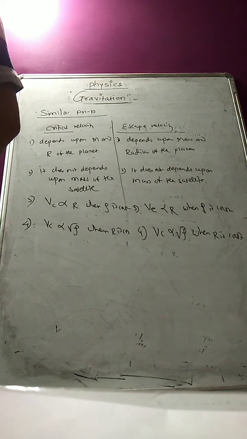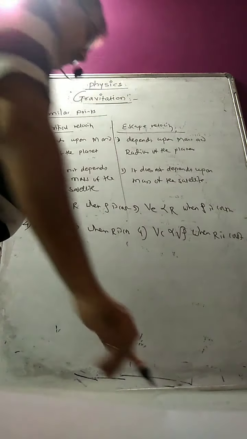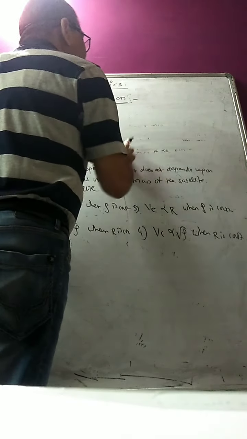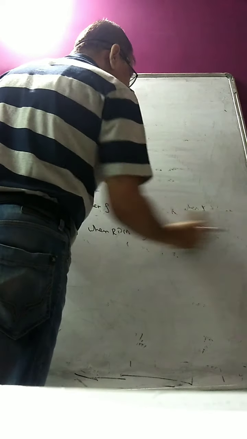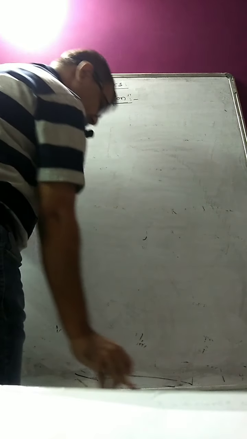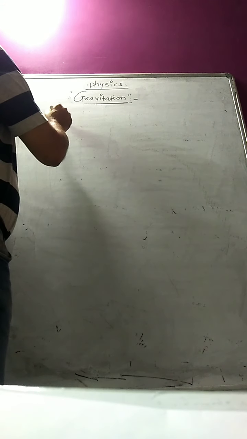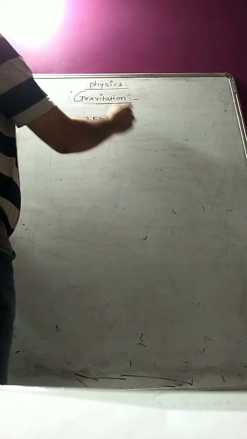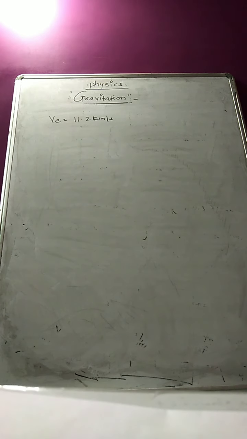Chalo, write down. The escape velocity from the surface of Earth is 11.2 kilometer per second. Escape velocity Ve is 11.2 kilometer per second. Okay.